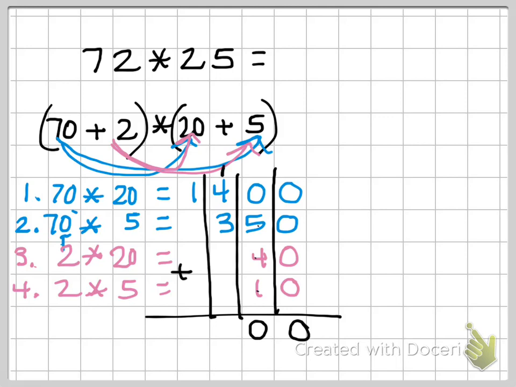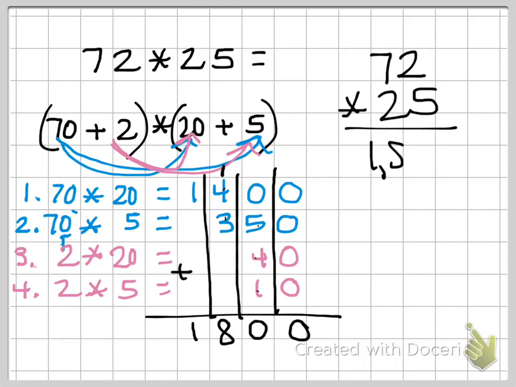Let's add our hundreds column. 1 plus 4 is 5. Plus 3 is 8. And then we have 1 digit left in our thousands column. If we find the sum of the thousands column, we find that that's 1. So the answer to 72 times 25 is 1,800.